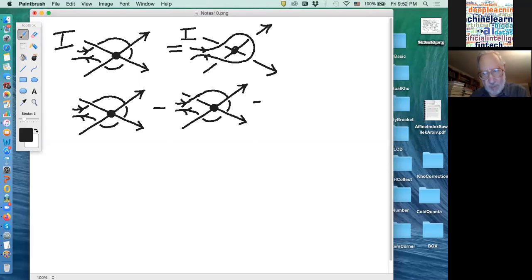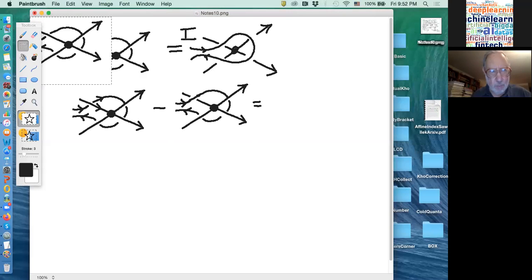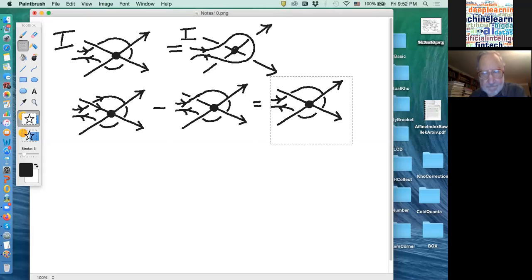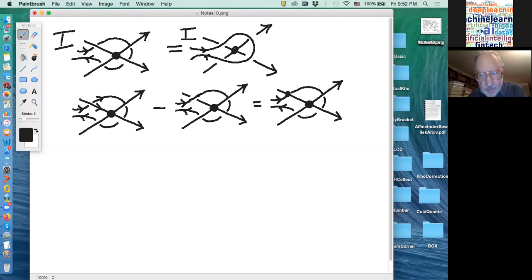And then that will be equal to, that's positive here. So that will be equal to the noded one here. Node here. All right?